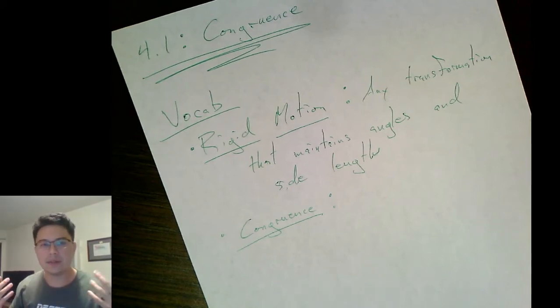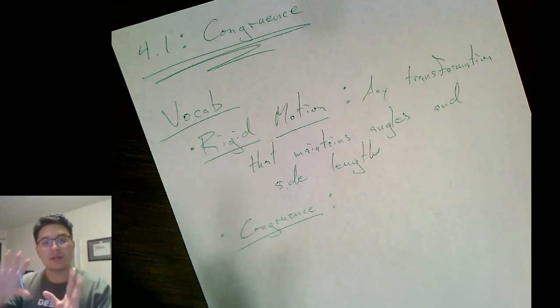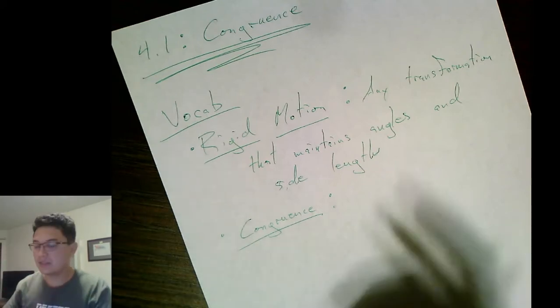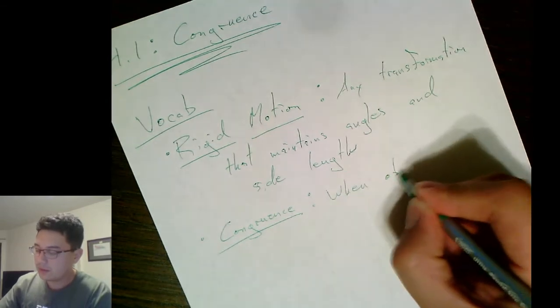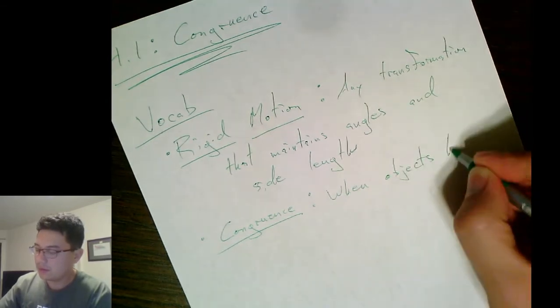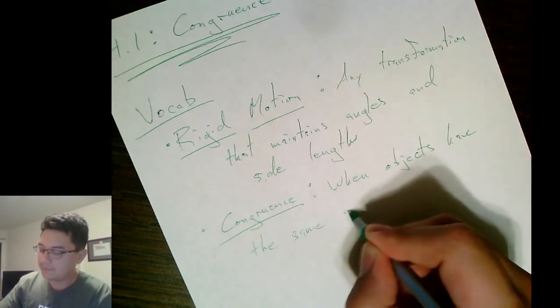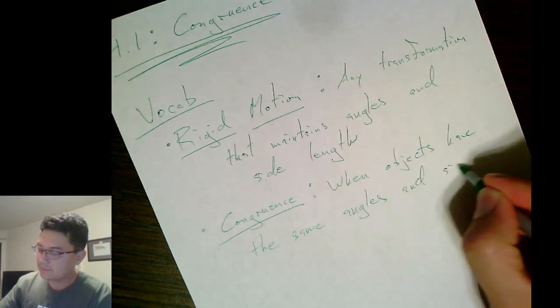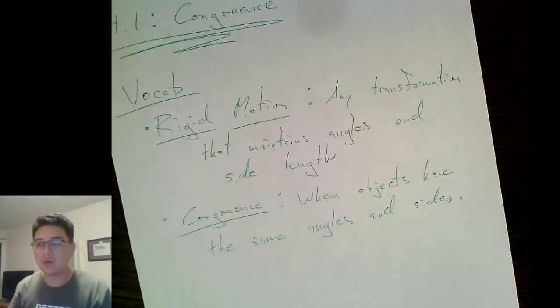Congruence is when you have two objects that, other than orientation, so the way that the object is positioned, or whether it's flipped over or not, have the same angles and side lengths.